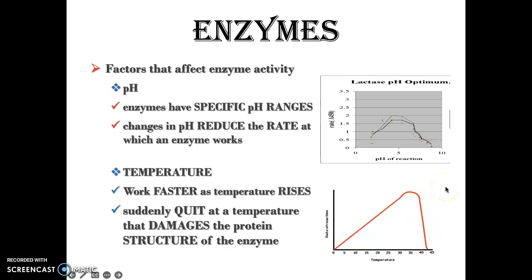Why is that? Well, enzymes, as we mentioned, are types of proteins. If you raise the temperature too much, the protein will change its shape. Proteins are very susceptible to high temperatures. If a protein changes its shape, you have to go back to your lock and key hypothesis.